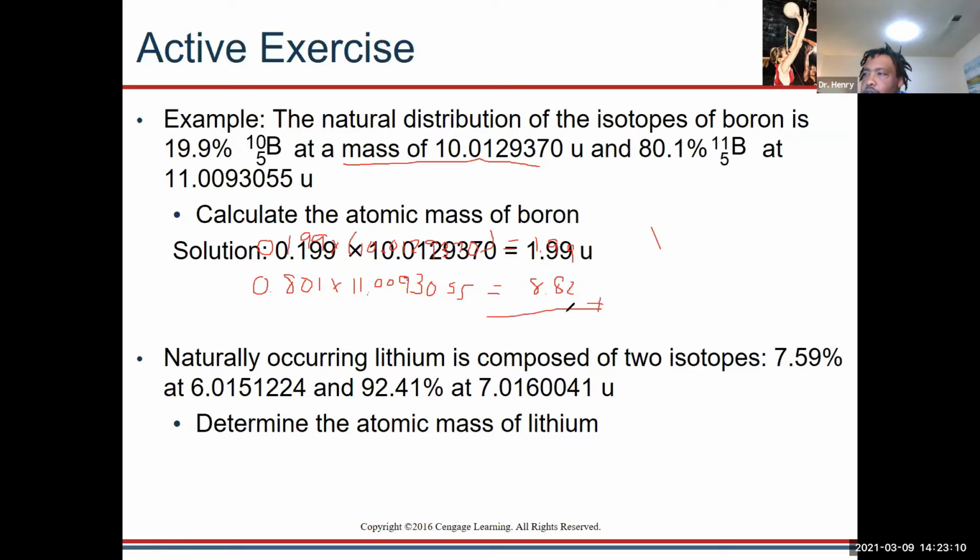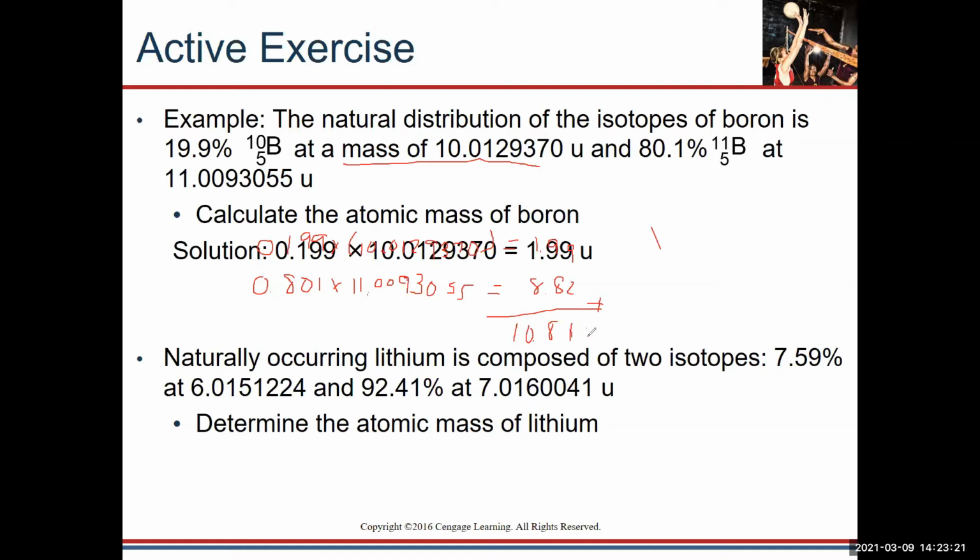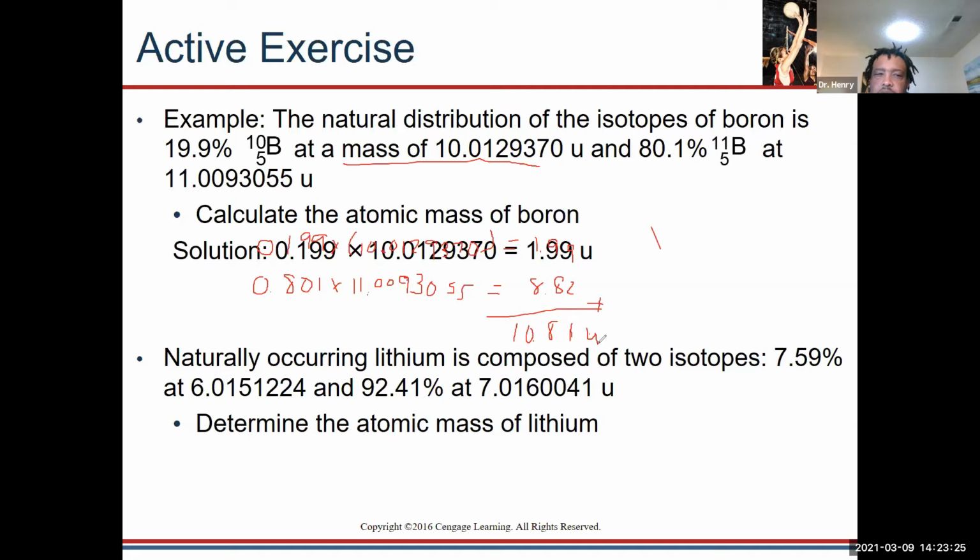We add these two together, and that's 10.81. Oh, okay. I get it now. Does that make sense? Yep, that makes sense. Thank you.